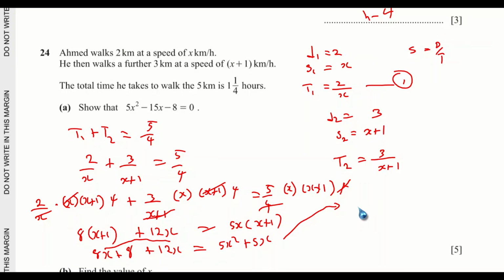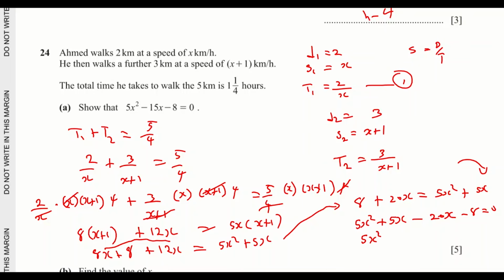So that means we have 8 plus 20x to be equal to 5x squared plus 5x. If we arrange this, this will give us 5x squared plus 5x minus 20x, then minus 8 equals 0. If we take everything to the right-hand side, this will give us 5x squared minus 15x minus 8 equals 0.